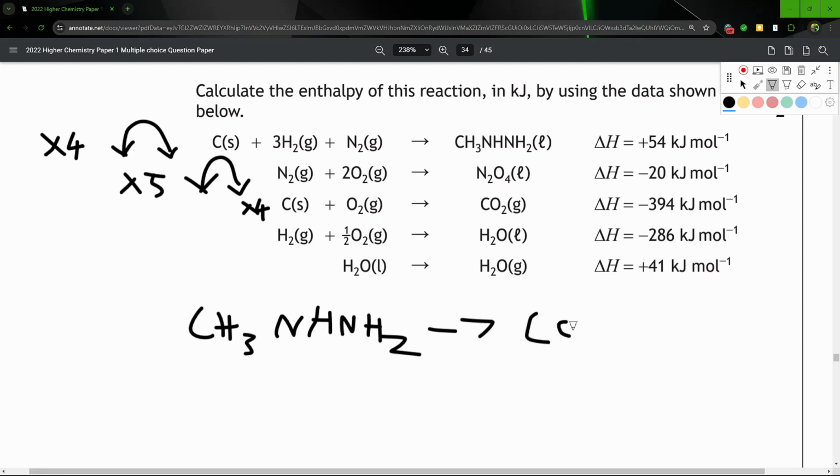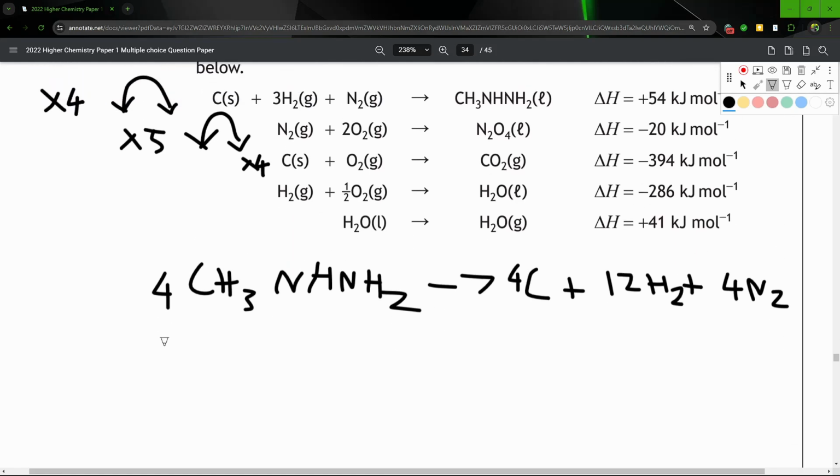So it'll be C plus 3H2N, but I just realised I need to times this whole thing by 4, so that should be 12 H2N, 4 here, 4 here, and then plus 4 nitrogen, and the same thing down here. So we're going to have 5 dinitrogen tetroxides, and then we have got 5 nitrogens, and then we're going to have 10 oxygen.